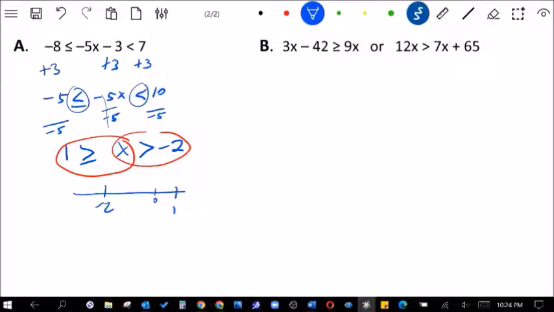And so this is saying that x is less than the 1 and greater than the -2, but not equal to. That means the answer is in between these. So I have x less than or equal to 1, greater than -2.